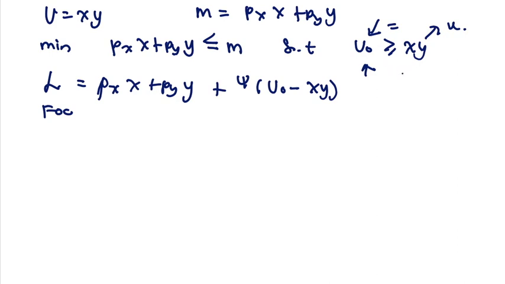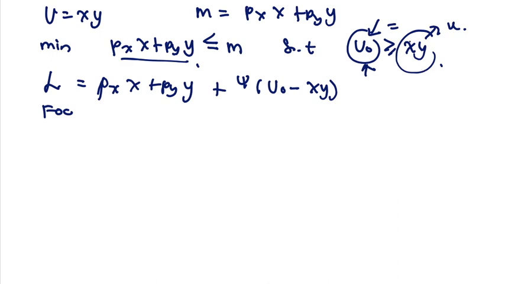So the utility level is constant, but here we play around with the cost. It means the cost can change to achieve the desired level of utility. So we want to find the optimal level of cost that is the minimum possible to achieve this level of utility using this combination of goods here.